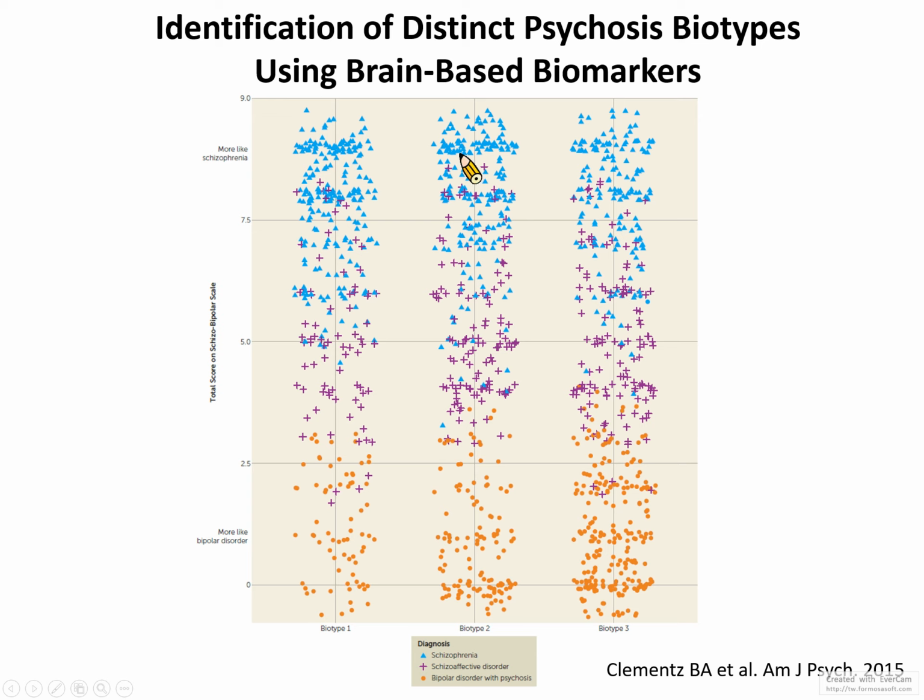Maybe it's very fancy to call this classification biotype, but actually these are results of cluster analysis using cognitive functions. If you used imaging markers as variables for cluster analysis, probably you'd get totally different results.